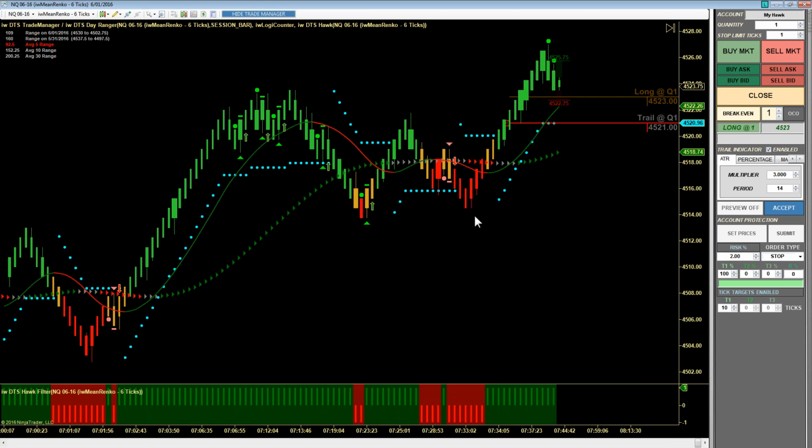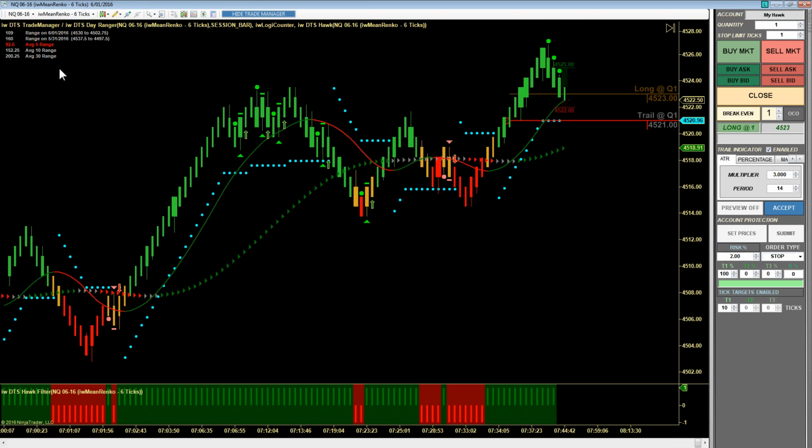The markets change. You see, we've got this tool here in the top left corner. This is another add-on. This is what we call the Day Ranger, and the Day Ranger's purpose is it shows you the current range compared to the 5, 10, and 30-day range.